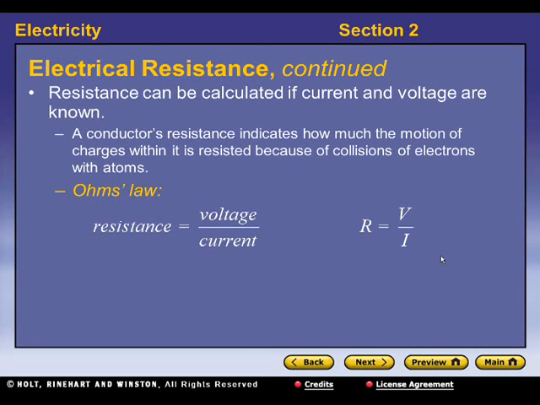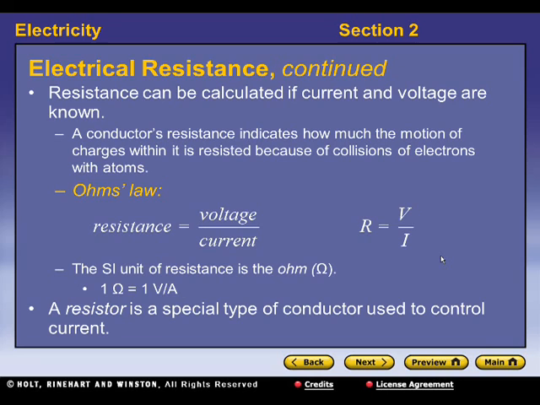So resistance is equal to voltage divided by current, and we shorten that in symbol form to R = V/I. The unit of resistance is the ohm, which is the Greek letter omega, kind of looks like a funny horseshoe, and that's equal to 1 volt per ampere.